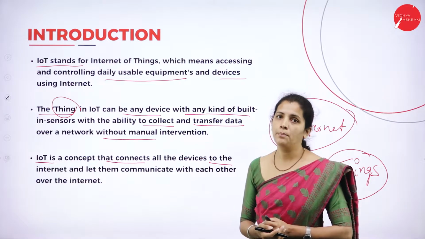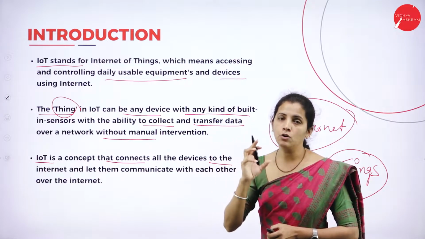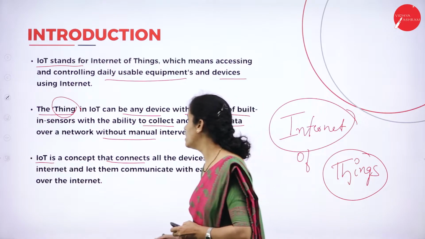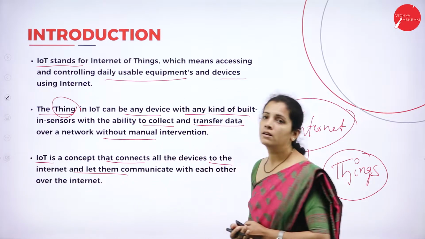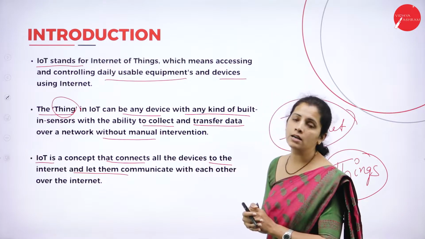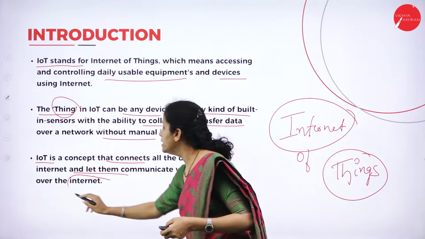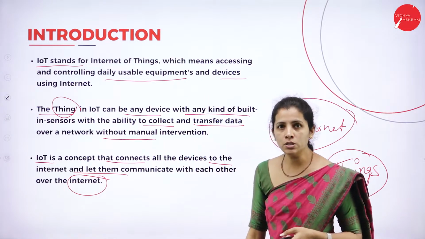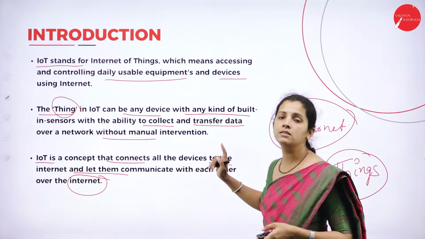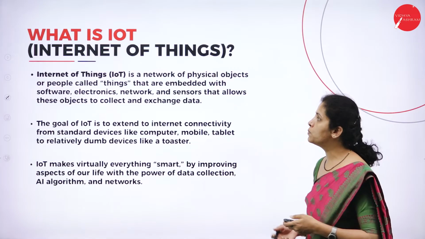That means if I want to connect all the electronic devices, then I must have an internet connection, and I instruct the electronic devices to communicate with each other via the internet. That means electronic appliances or electronic devices communicate with each other. That is known as IoT.